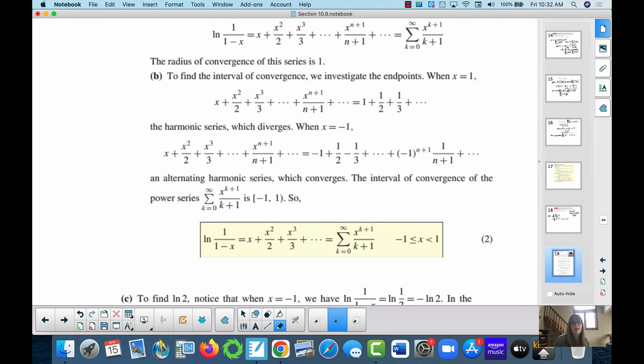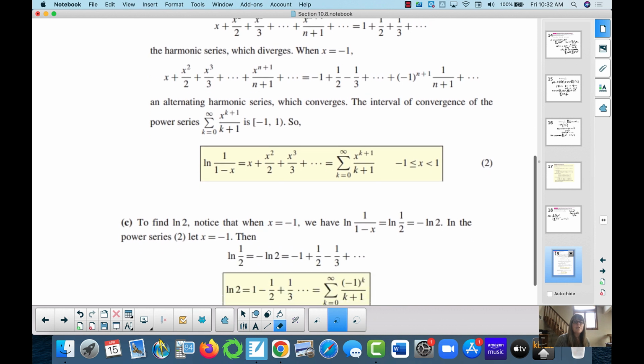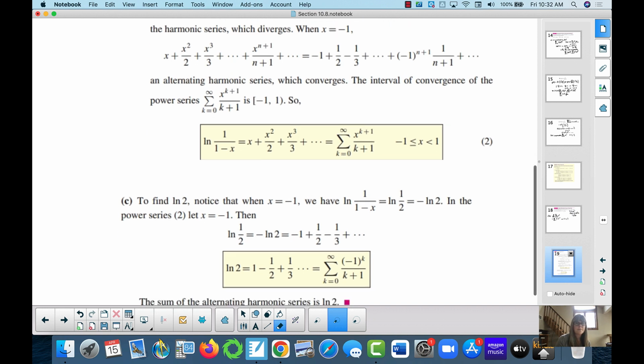So we have a bracket for -1. So this function is represented by this series, which we found by using the integration power rule, and then we had to plug in the endpoints in order to test the interval of convergence.